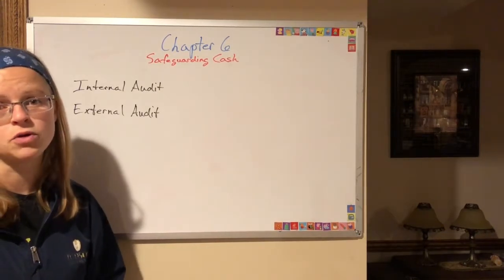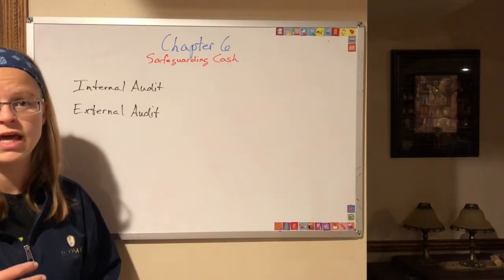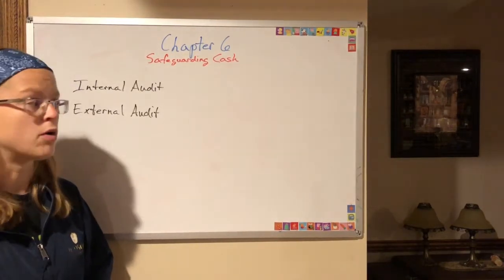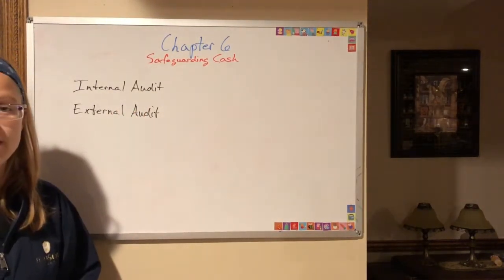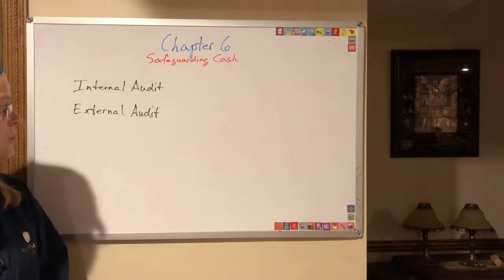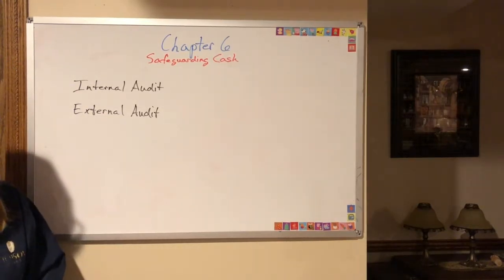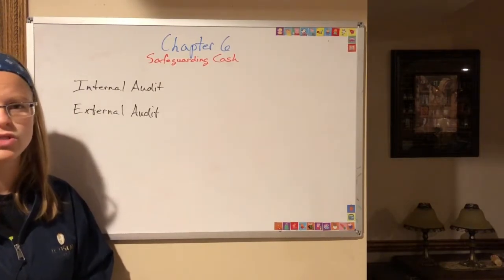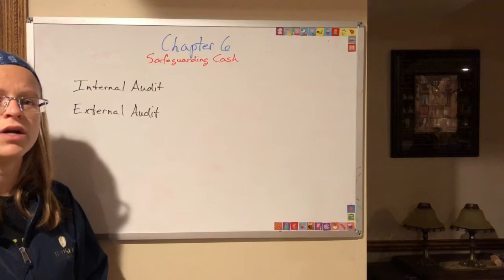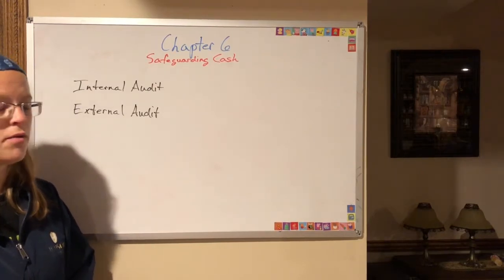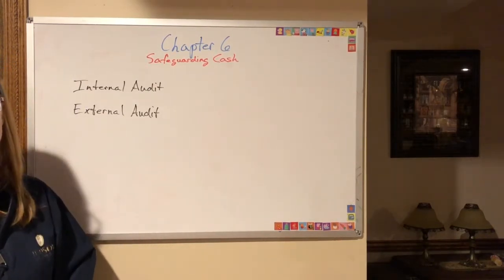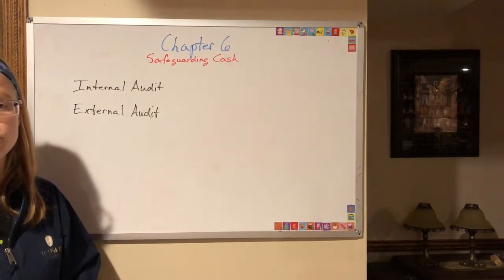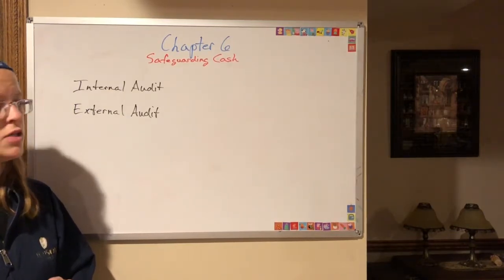No billing, no purchasing. Someone from outside that role coming in and performing an internal audit on the cash-related activities. The same would be an external audit, but it would be someone from outside the organization that has no association with the organization whatsoever, coming in and performing an external audit of the organization's cash-related activities.